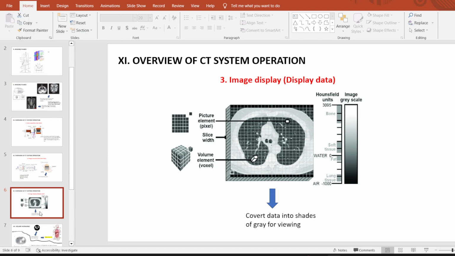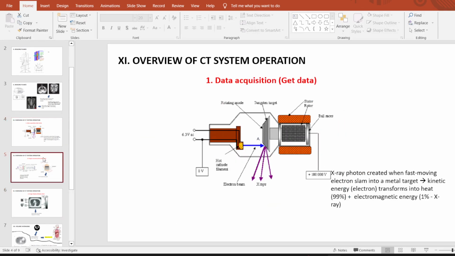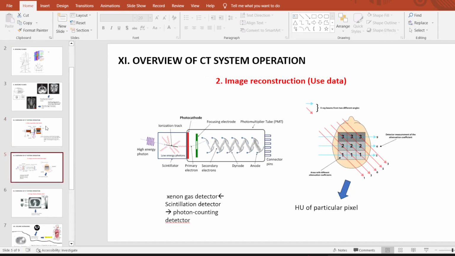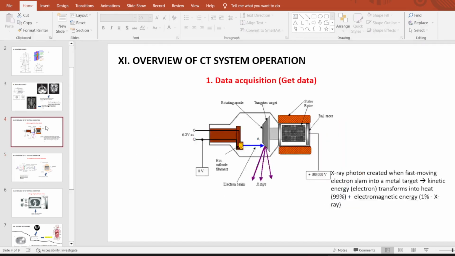But this is a simple process, so you need to try hard to understand the most important parts in the first and second steps: how we create the X-ray beam, and how the X-ray beam is acquired and analyzed.